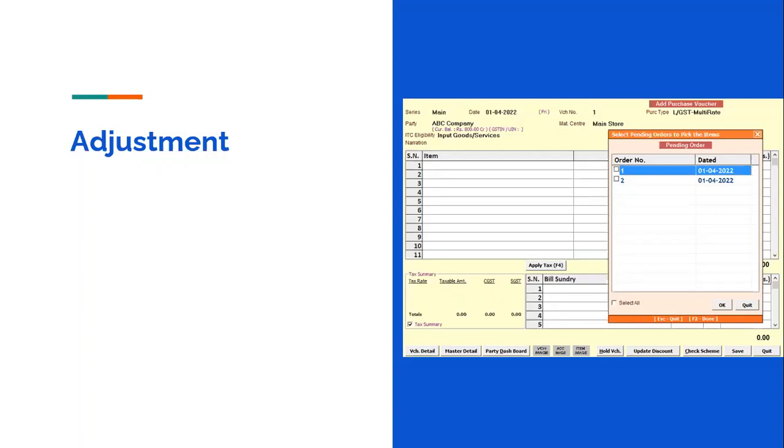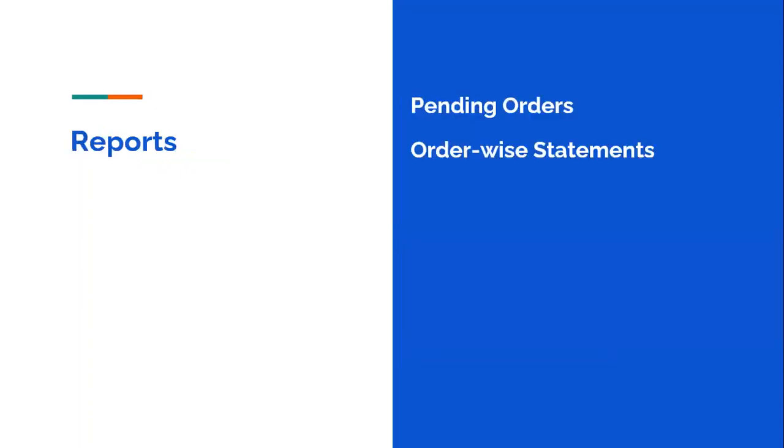Whenever you click the item grid button, you press the F11 button on your keyboard. It will show you the pending orders of that particular party. You can select multiple orders or a single order in a purchase voucher, or you can make a purchase voucher with multiple orders by selecting the select all button. So this is the order adjustment in the purchase voucher.